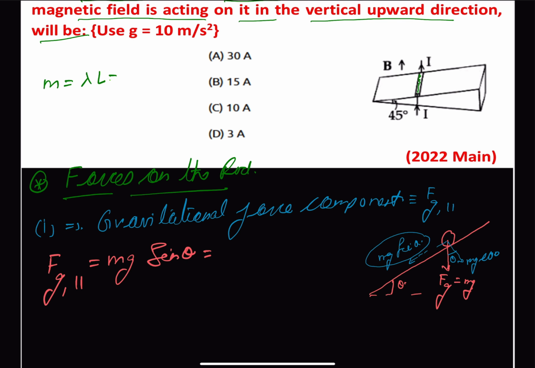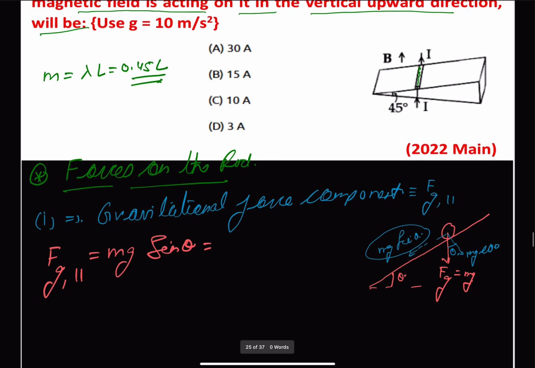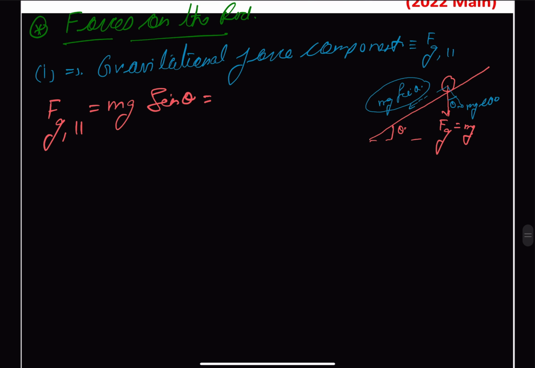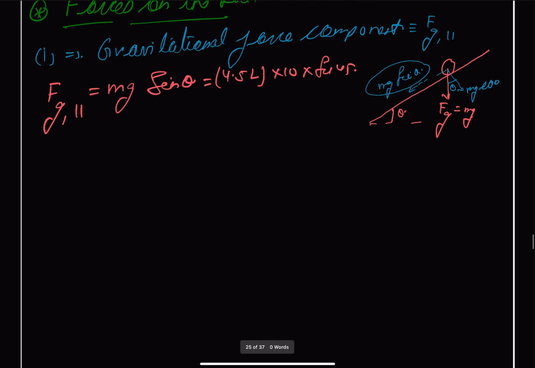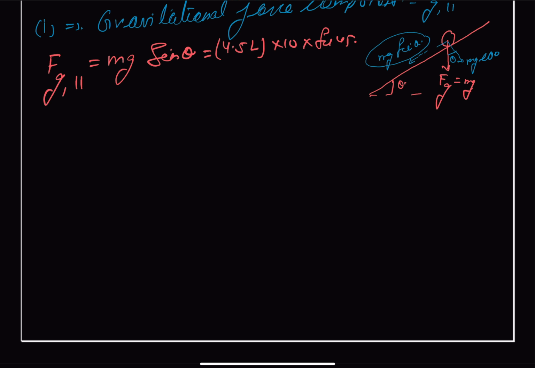Suppose length is L, so this comes as 0.45 times L. So we get this as 4.5 times L, and g is taken as 10, and we have sine of 45. So we get that the gravitational force component parallel to the inclined plane is equal to 2.25 square root of 2 times L.